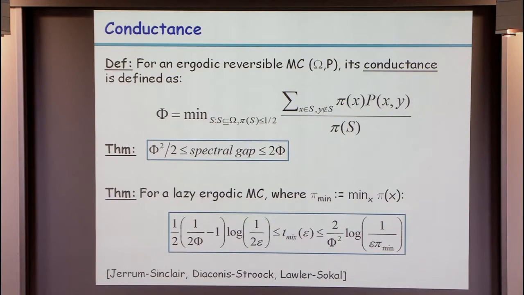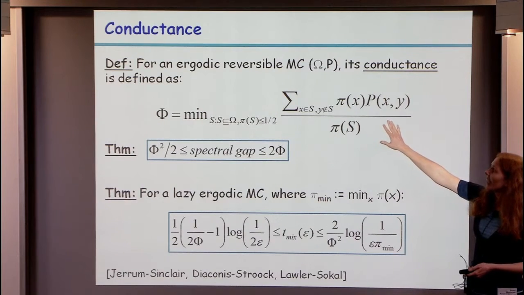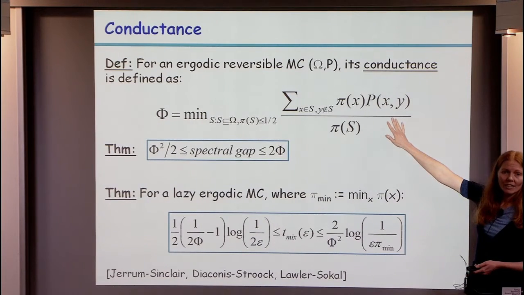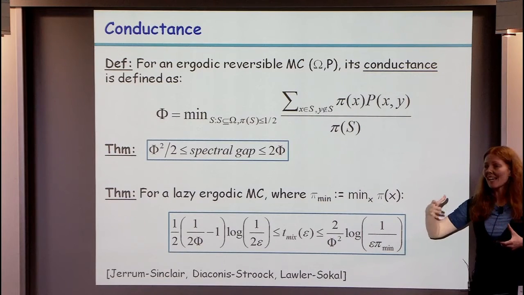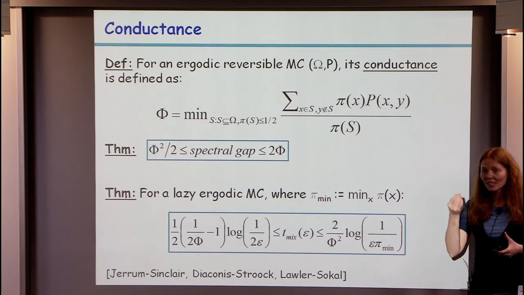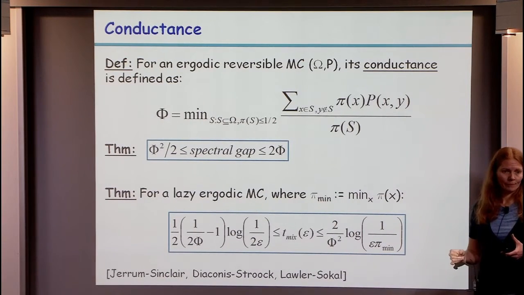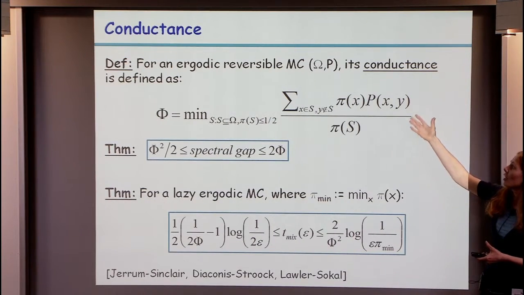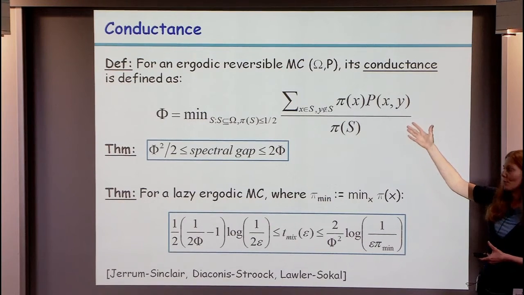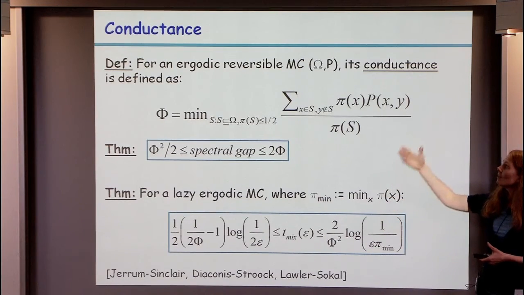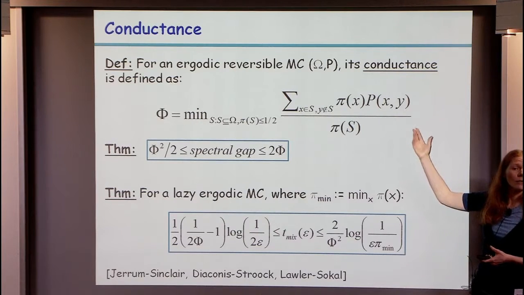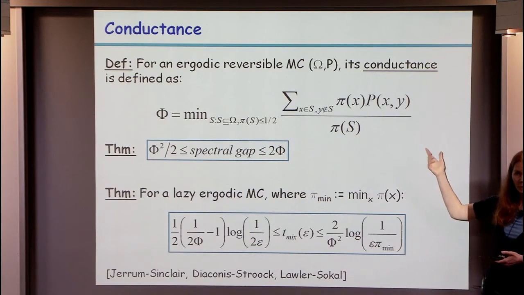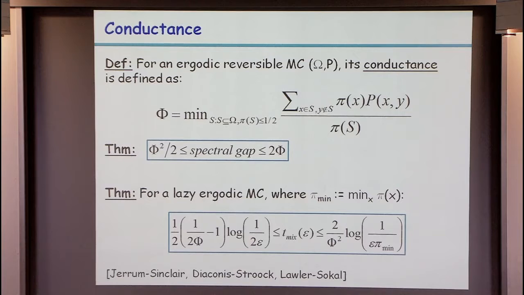If we want to provide an upper bound on the conductance, it's enough to just look at a bad set S and compute its escape probability, the Q of S. But if I want to provide a lower bound, that will give me an upper bound on the mixing time. Well, in that case, I kind of have to look at all possible S's and find the minimum. Okay? So how do we go about that?